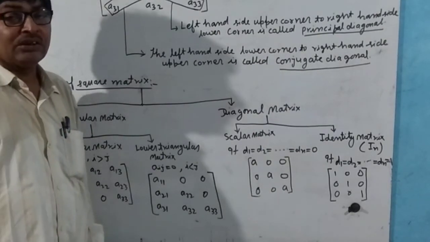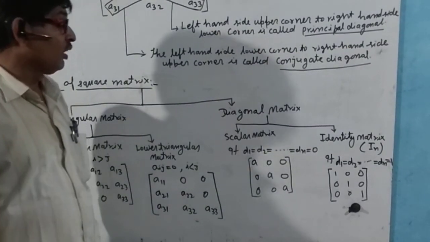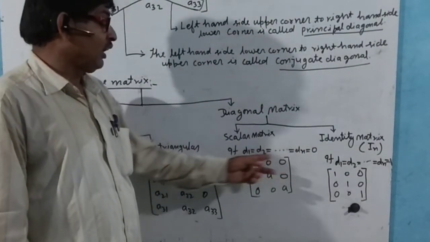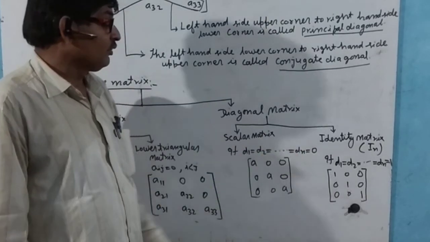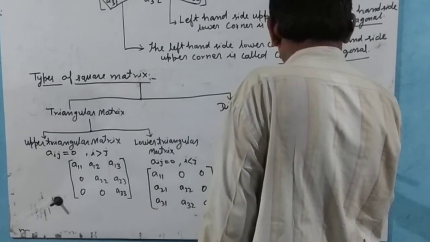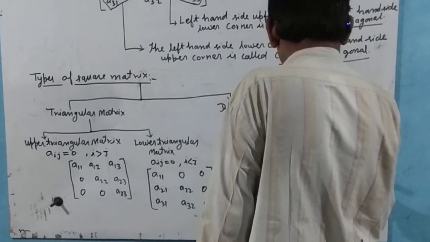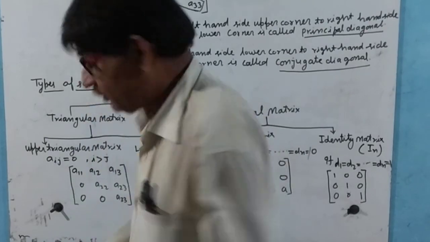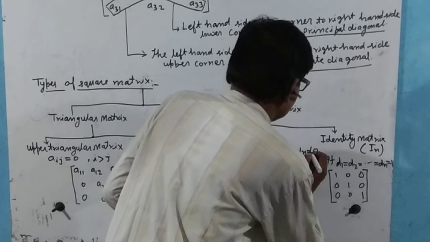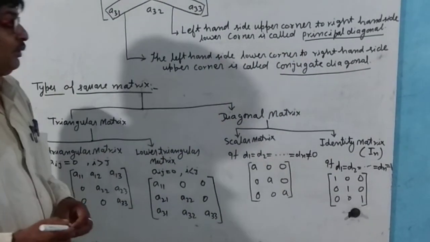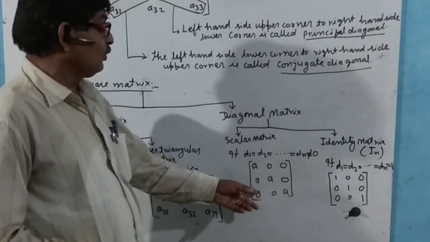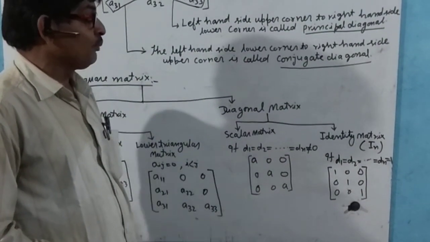The identity matrix is denoted by I. Now, scalar matrix: if the diagonal elements d1, d2 are not equal to 0 and the rest of the elements are 0, then this is known as a scalar matrix.